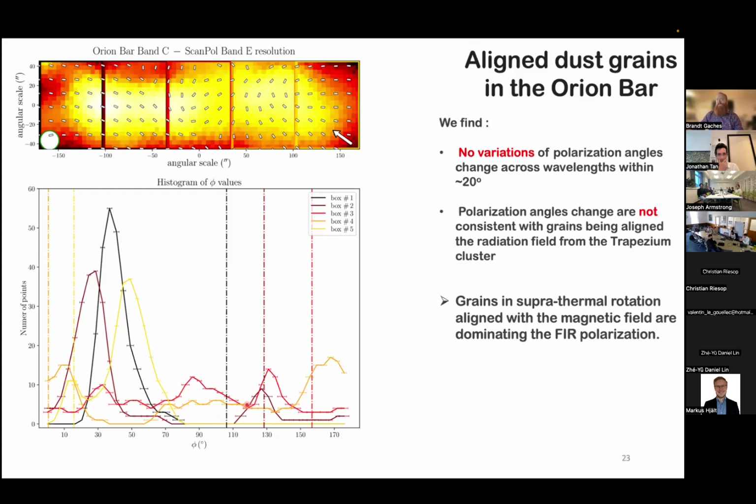And you can see that most of the angles of polarization do not correspond to a radiation field type of grain alignment. So we kind of ruled out this grain alignment mechanism as being the dominant one. I'm becoming more and more convinced that we trace the magnetic field even in such irradiated regions. And this was a question that people had before.